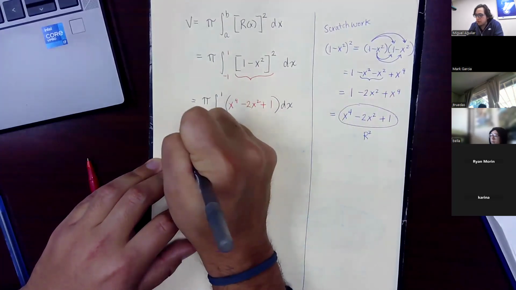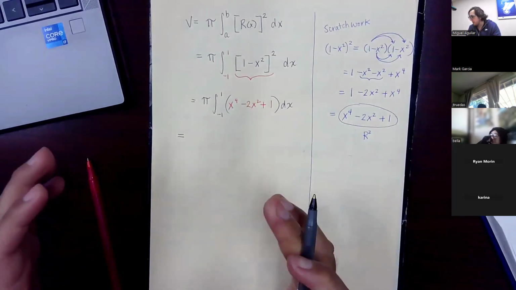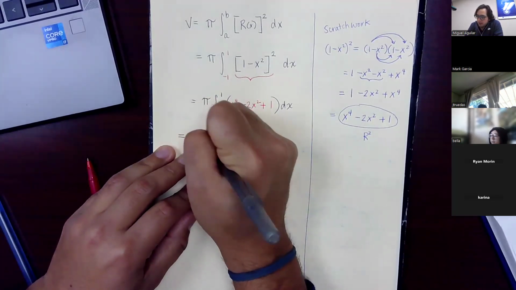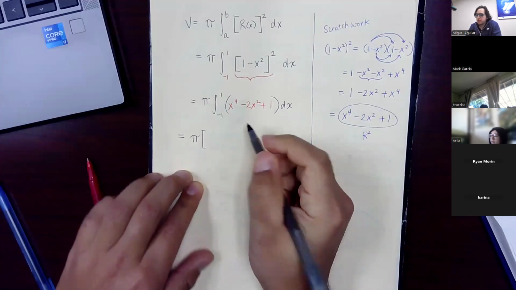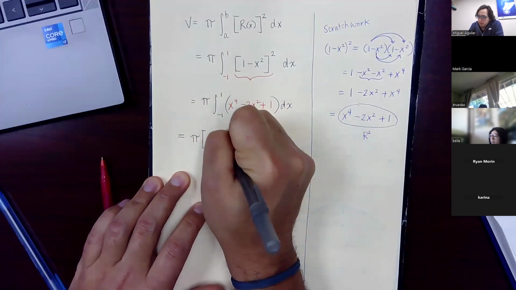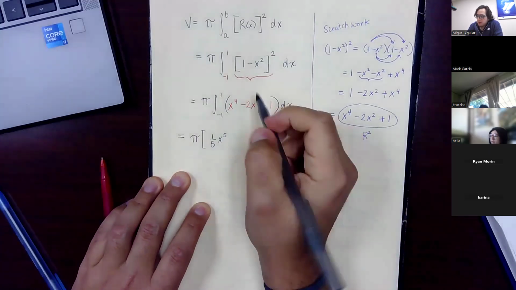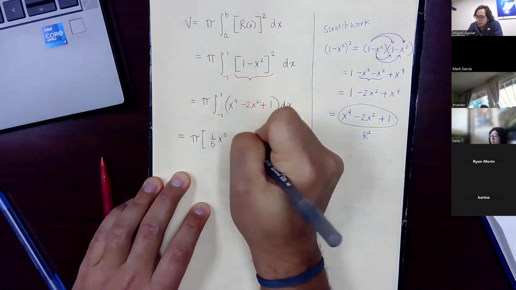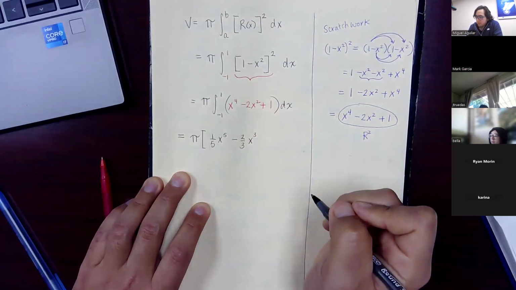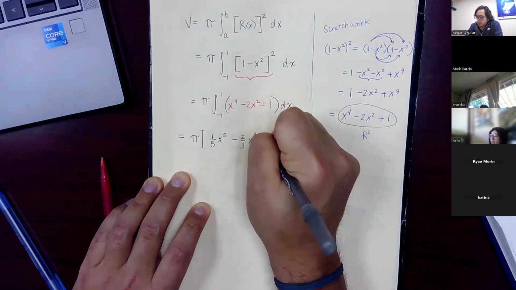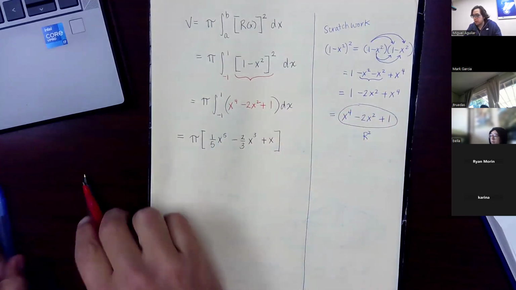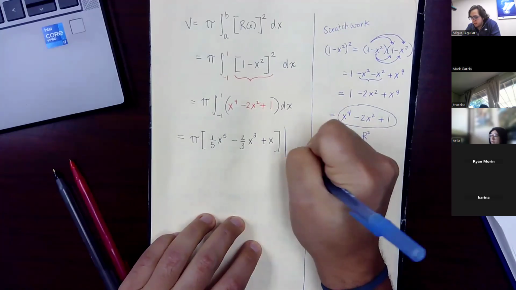Okay, which means that we can integrate each of these terms separately. So we'll have pi times, this will be 1/5 x to the 5th power, then this will be minus 2/3 x to the 3rd power plus x. And then we can evaluate this from -1 to 1.